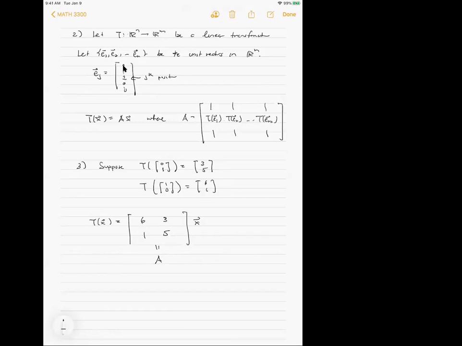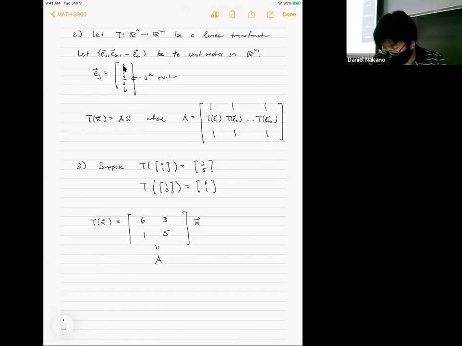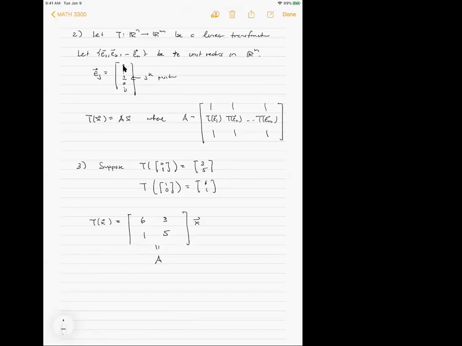Okay, any questions on this? Sorry, I couldn't hear you. Can you repeat the last sentence you said? Oh, so in this example I have T of (0, 1) goes to, and T of (1, 0). What I want to do is write out T as a linear transformation via this matrix A. And this matrix A is obtained by taking T of (1, 0) and putting it down the first column, and T of (0, 1) and putting it down the second column.